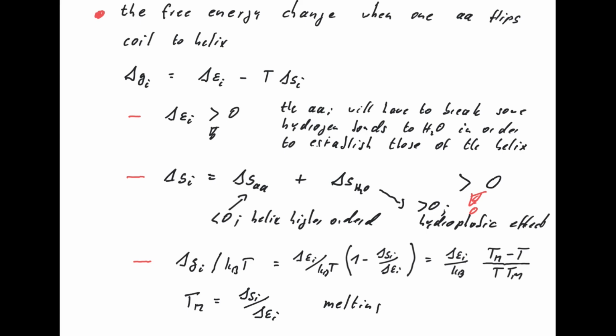Tm is a temperature, and sometimes it's called the mid-temperature, or in protein folding, the melting temperature of the protein.